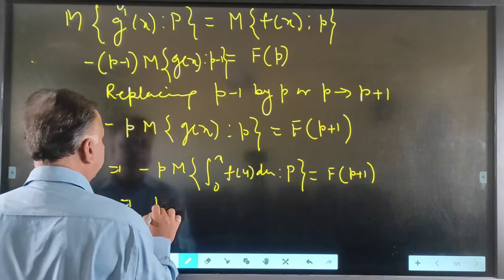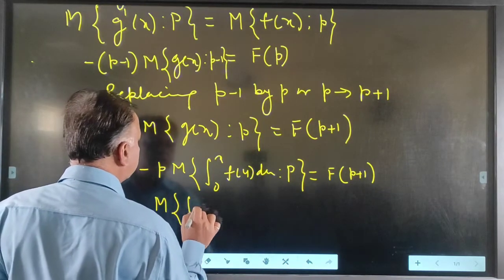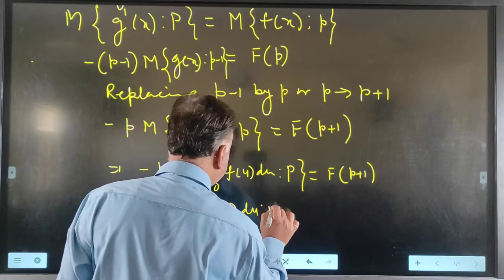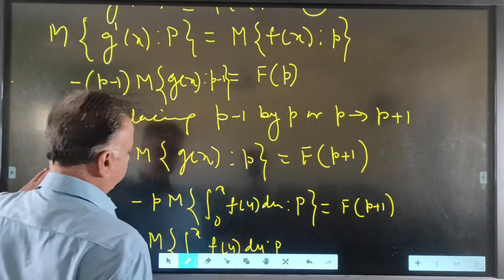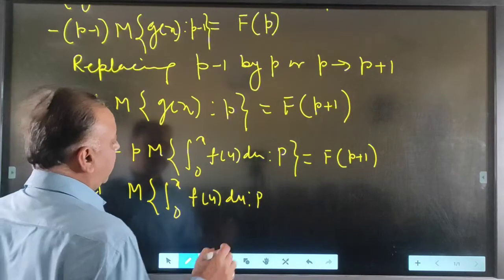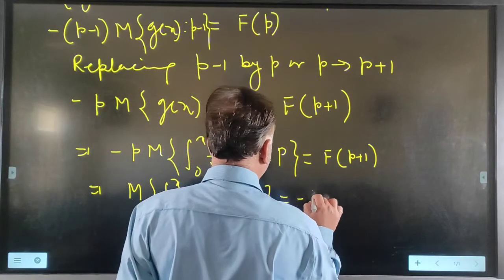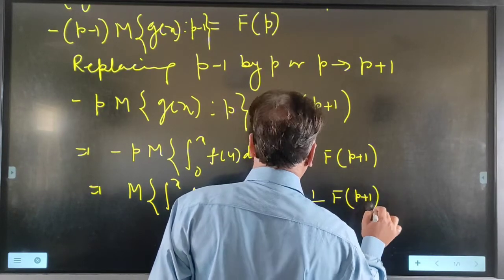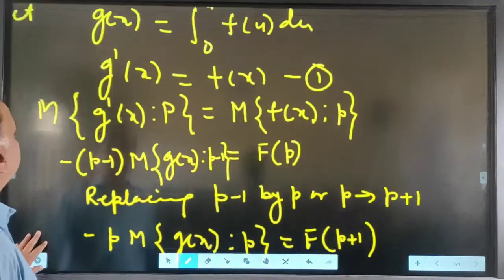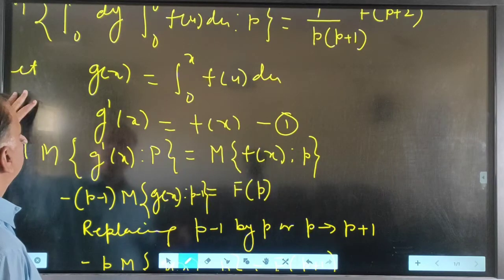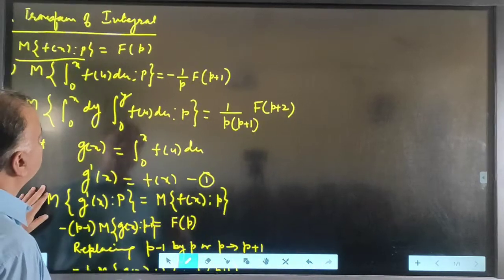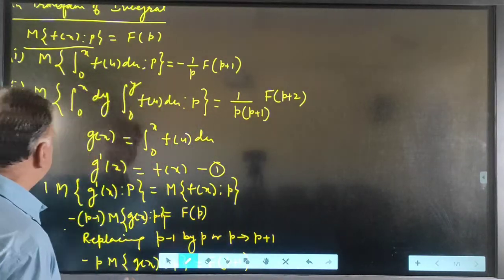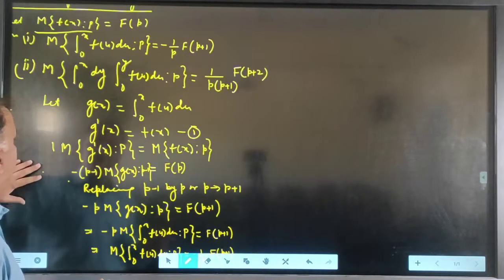Or the Mellin transform of the integral from 0 to x of f(u) du with respect to parameter p is equal to minus 1 upon p F(p plus 1), which is the required first result.